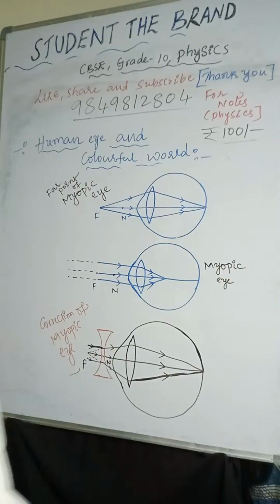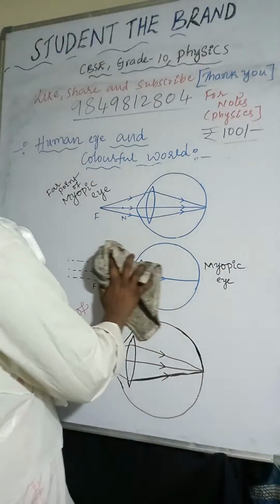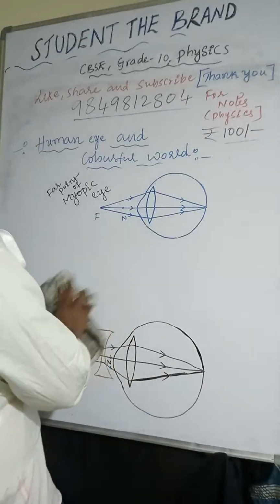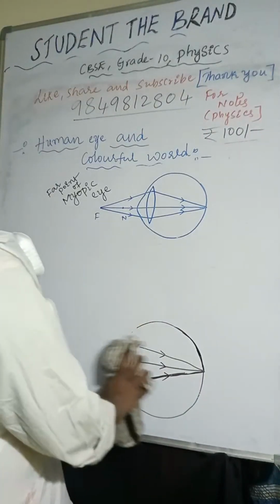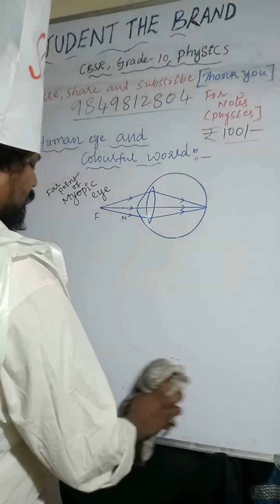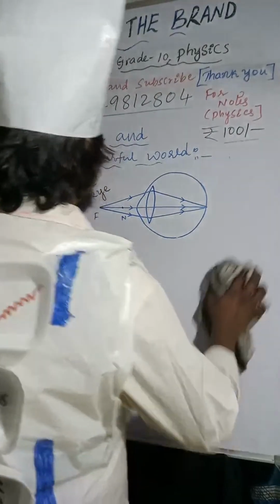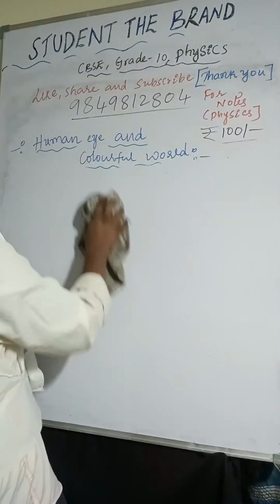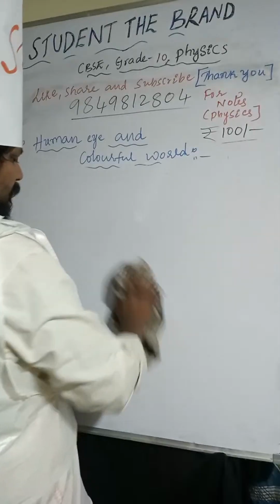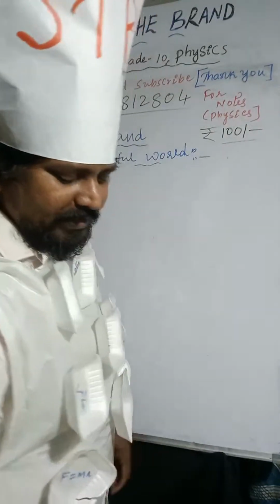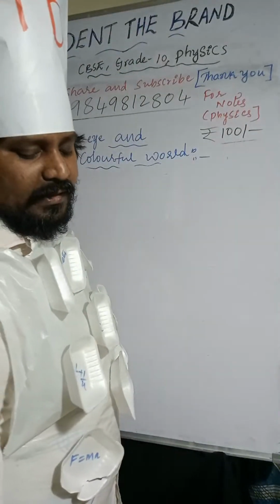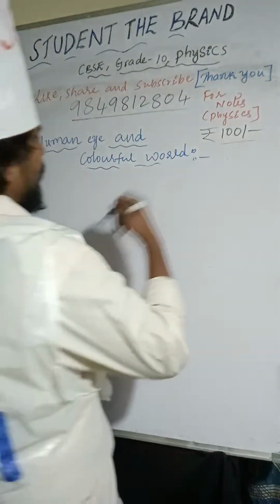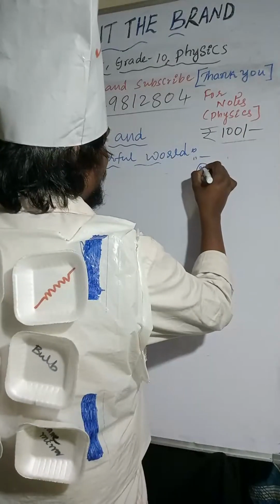Next, we'll discuss hypermetropia. Hypermetropia is where the person can see far distance but can't see near distance. So I'm standing here, and the person is here.